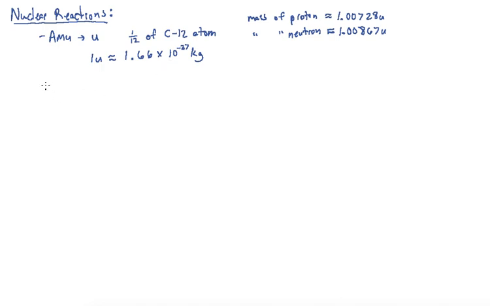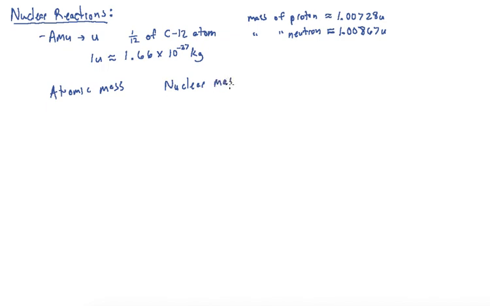Now, a lot of times when you see the actual masses of different elements, they talk about two different things. They'll have the atomic mass, and you'll find a table of that, and then other places you'll see nuclear mass.